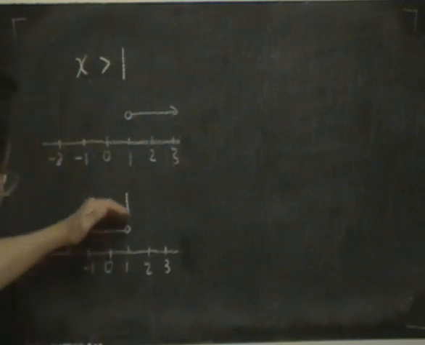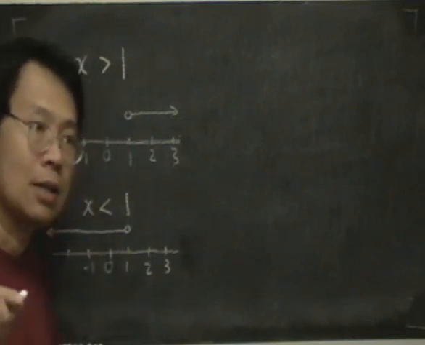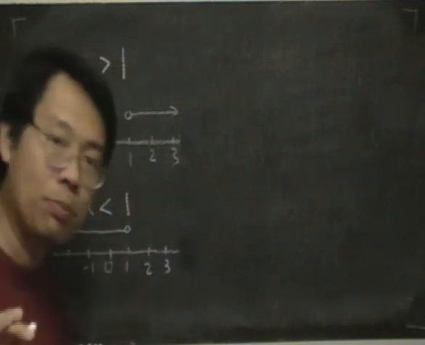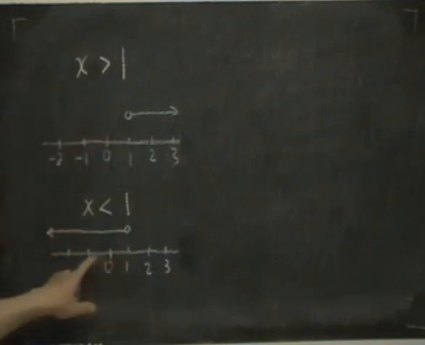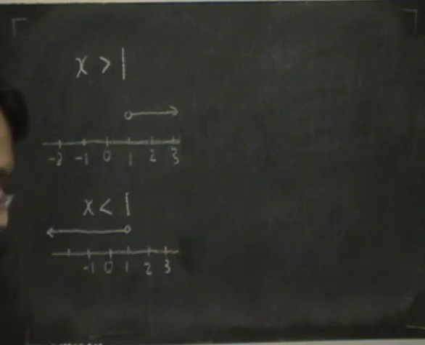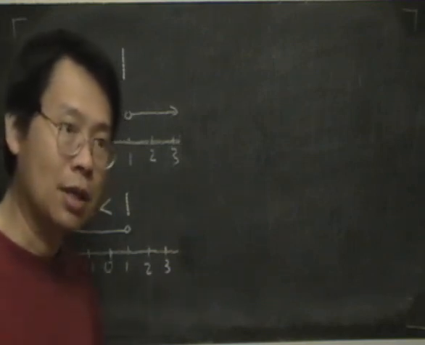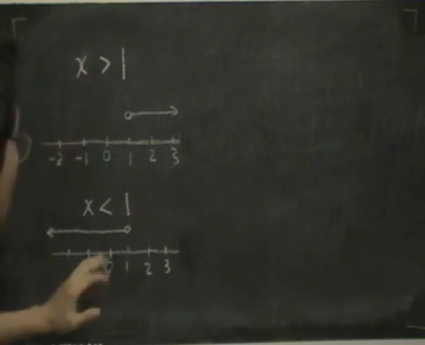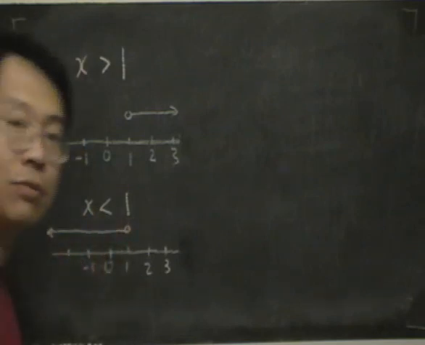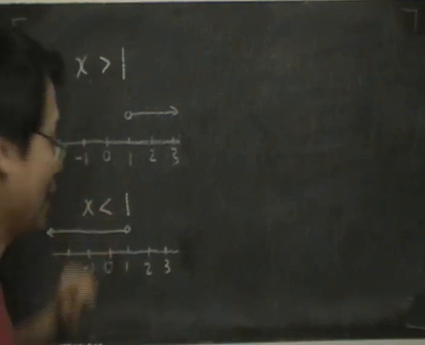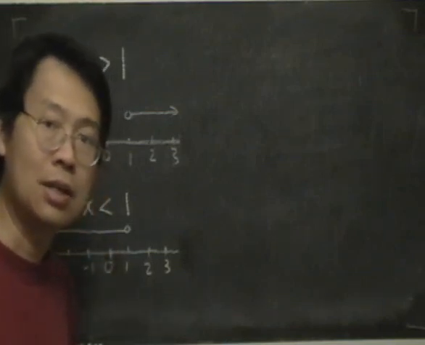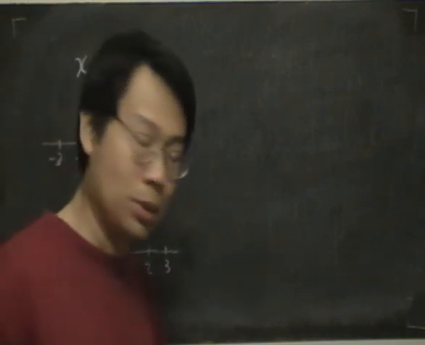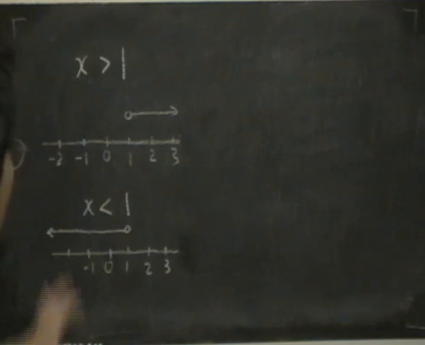So all the numbers below that line include the possible values of x. That's like what we had in the previous example, except that the line goes to the left because we have a less than sign for the inequality. Okay, so that should be very simple.